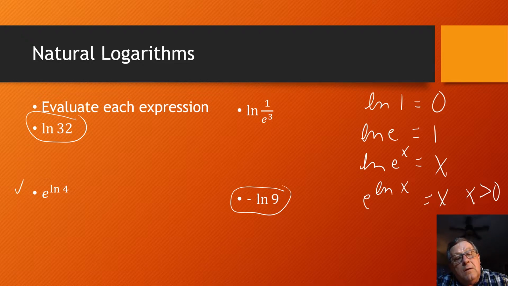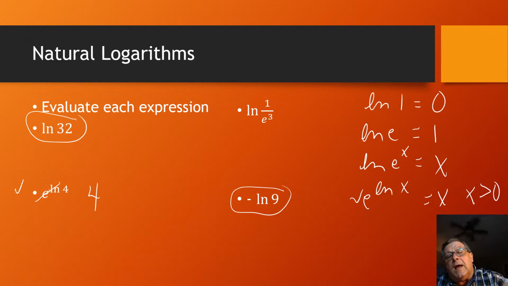Well, e and the natural log cancel, and so to evaluate this, it is just 4. And that fits with this property that we see right there: natural base raised to the power of the natural log of x is equal to x, and in this case, x is equal to 4.